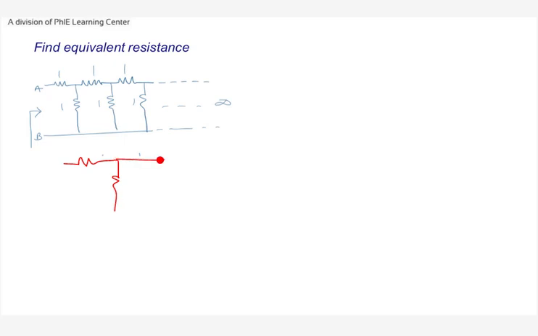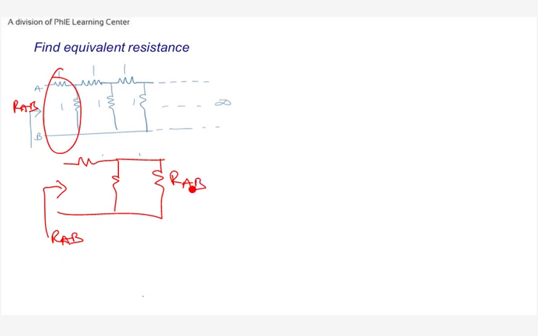So this will again be the same. These two are in parallel, right?